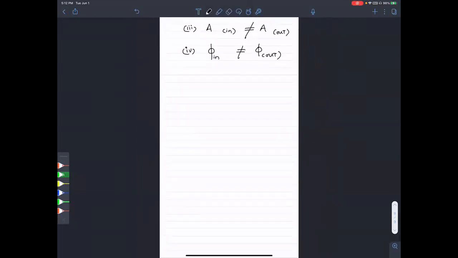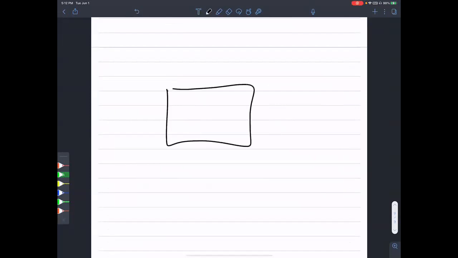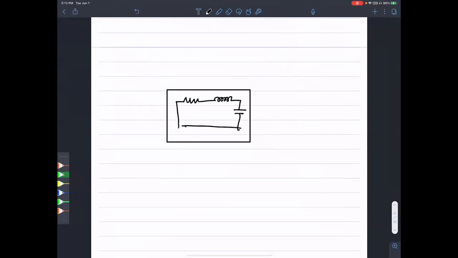Let me put it in a different manner. Take a linear circuit. Doesn't matter how many resistances or capacitors you have. It's a circuit built out of some resistors, some inductors, and some capacitors. Some black box circuit, mystery circuit.